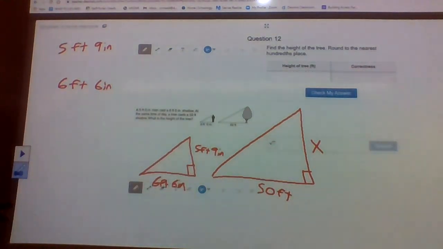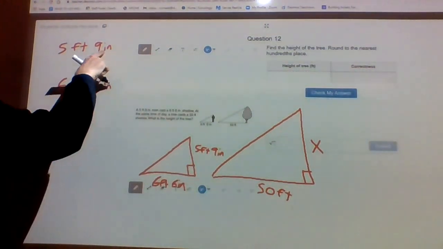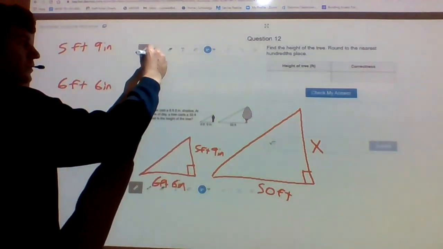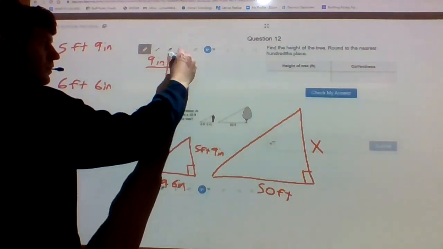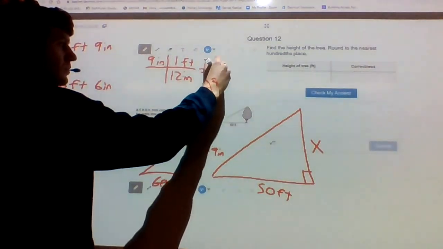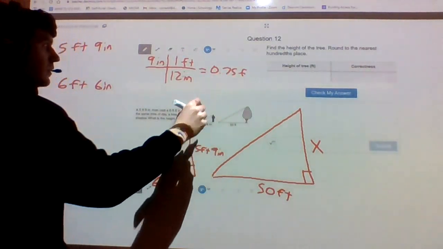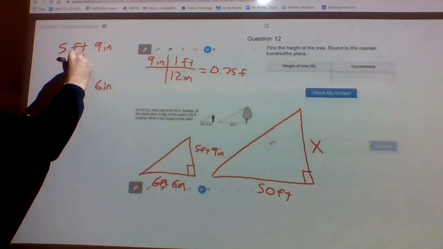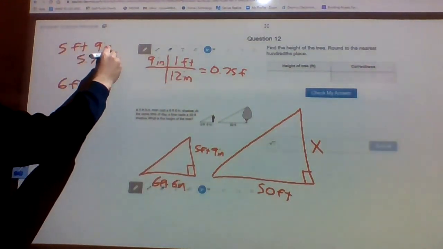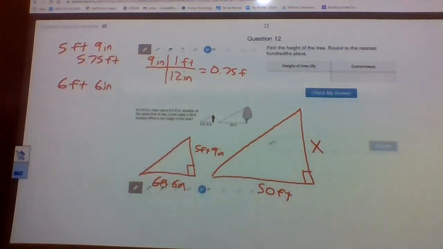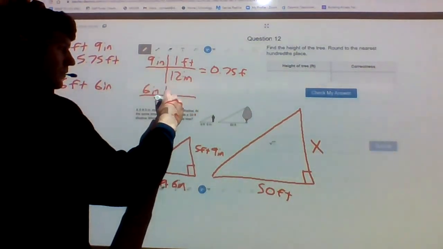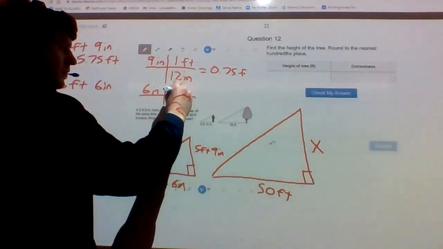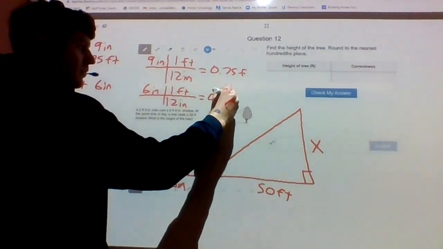There are 12 inches in a foot. So if we're going to convert 9 inches into a foot, that's 9 inches over 12 inches in 1 foot, so that's going to be 0.75 feet. So 5 feet 9 inches is the same as 5.75 feet. 6 inches: there are 12 inches in a foot, so that's going to be 0.5 feet.